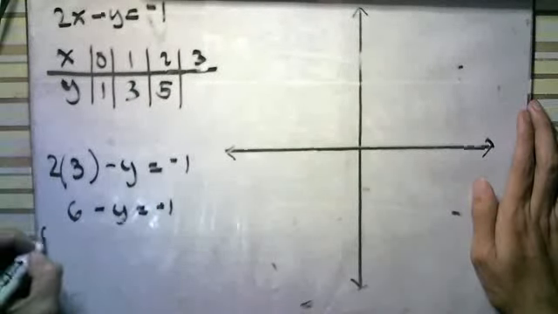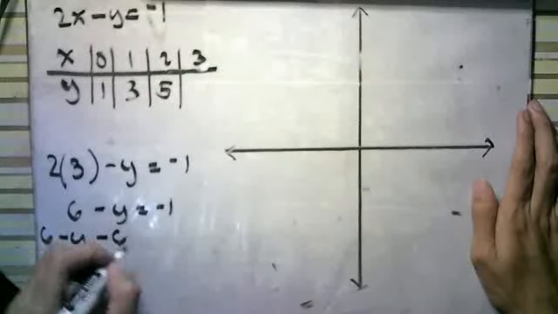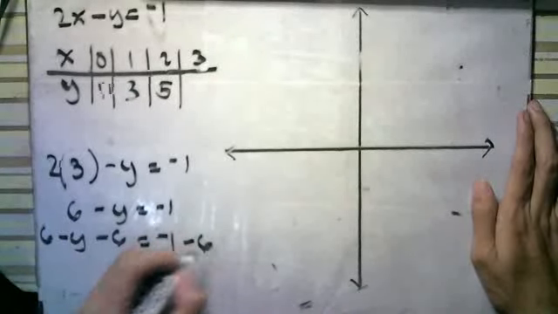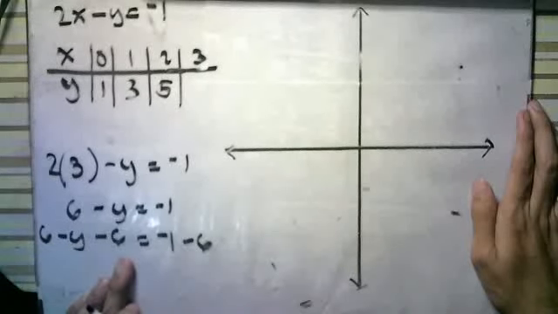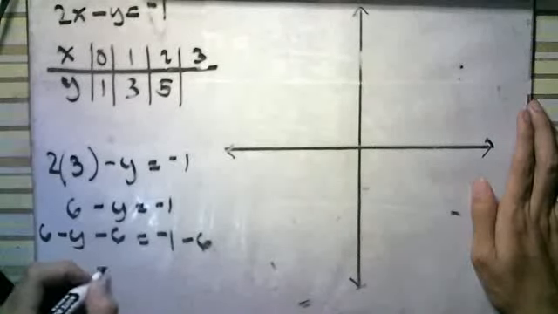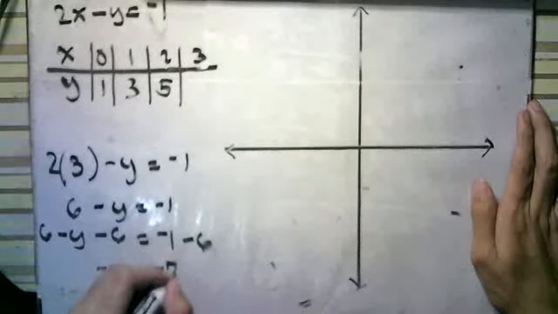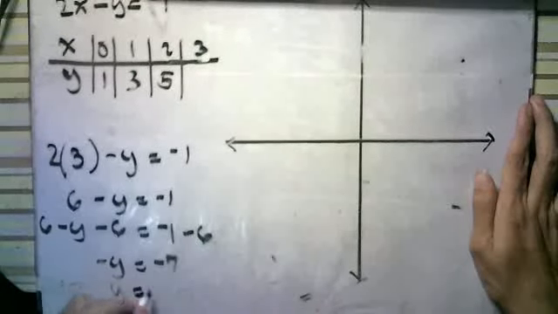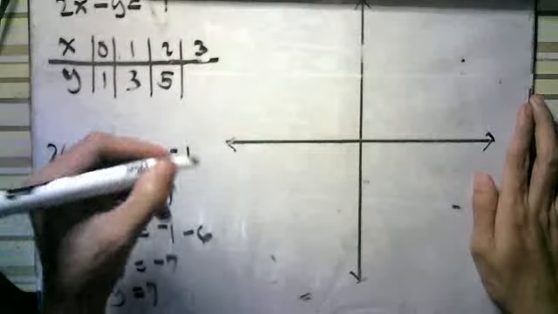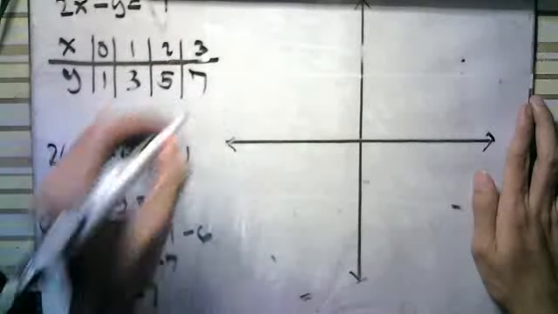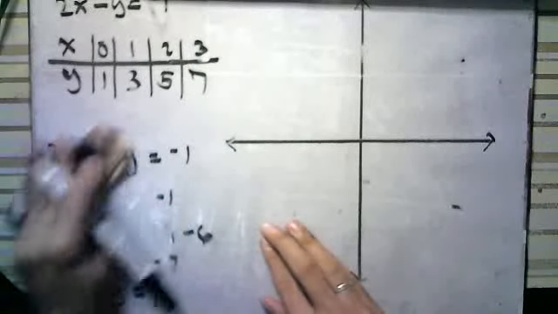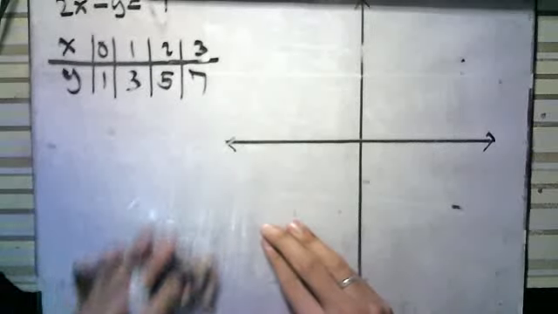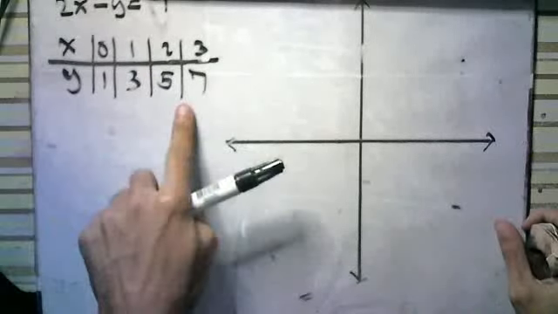So, that will be 6 minus y minus 6 is equal to negative 1 minus 6. 6 minus 6, that will become 0. So, that will be negative y is equal to negative 7. Divide both sides by negative 1. So, y becomes 7. So, our guess is correct. 7.